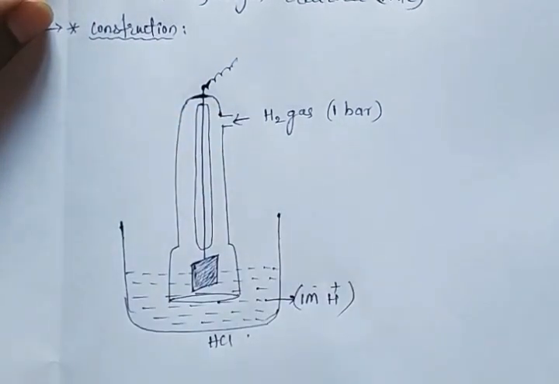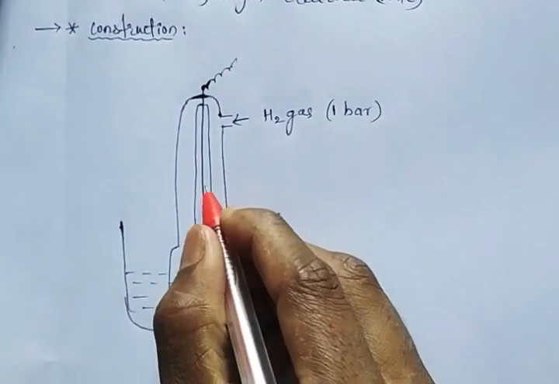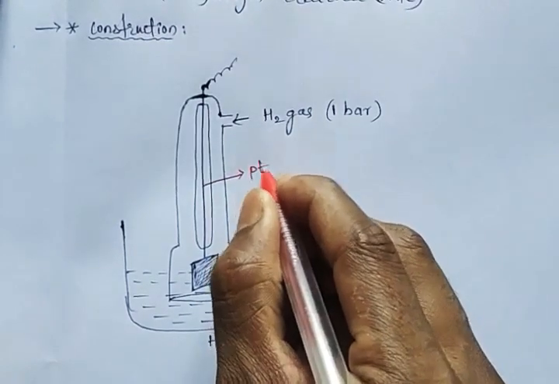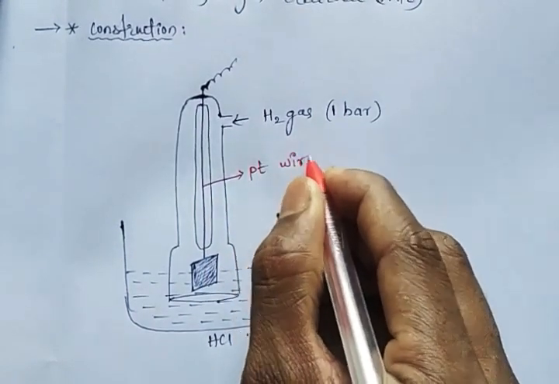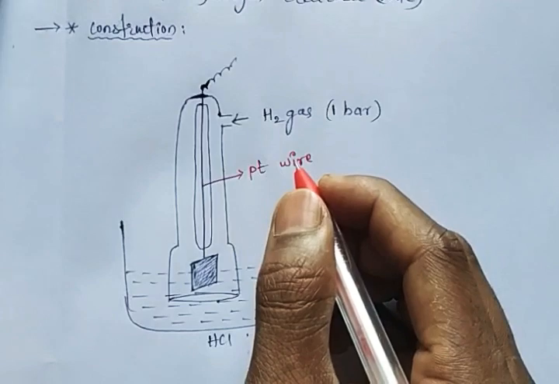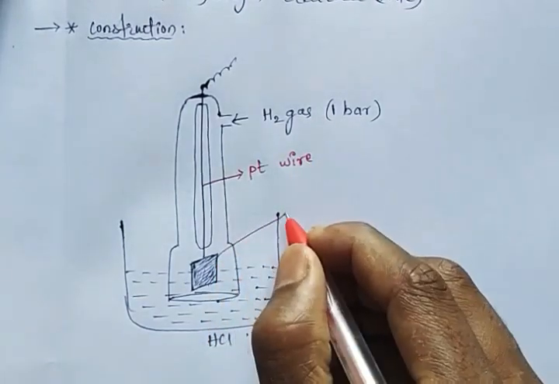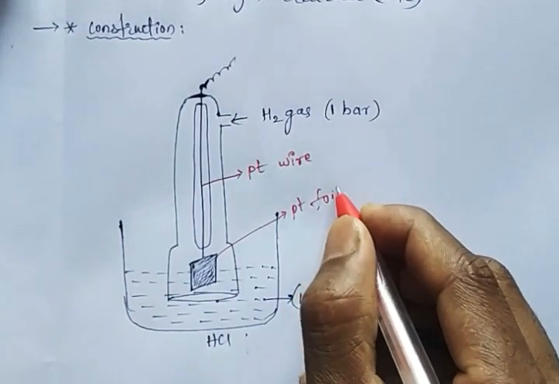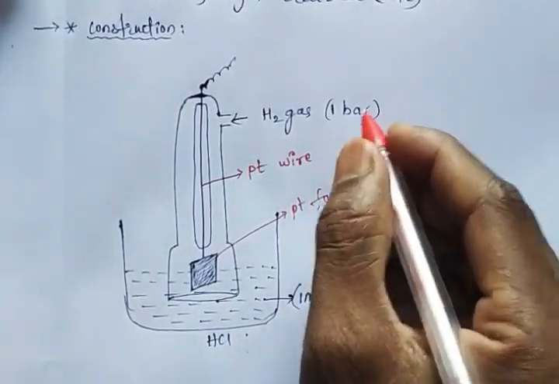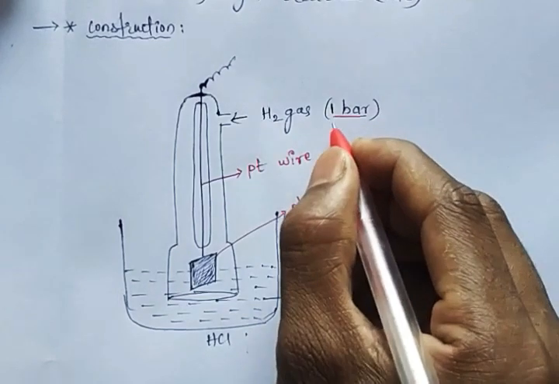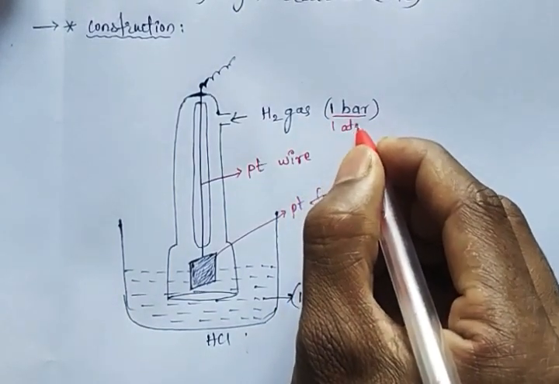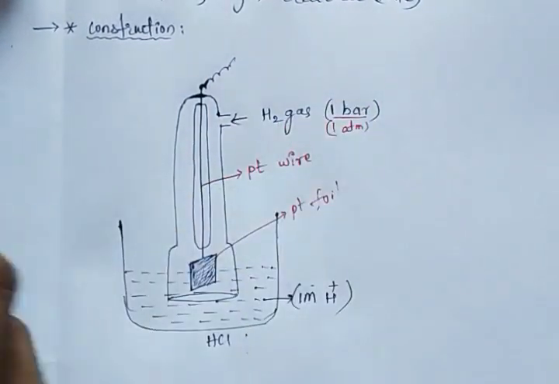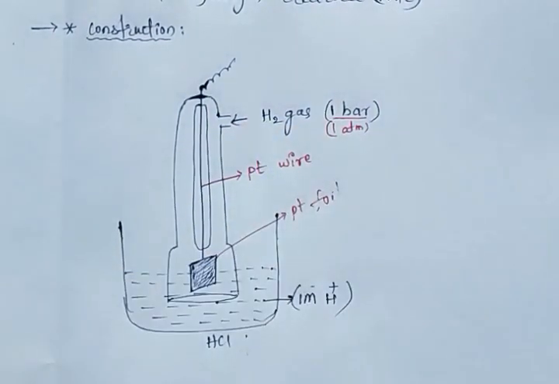This one is the platinum wire, and this is the platinum foil. Here we can represent the pressure as 1 bar or 1 atmospheric pressure. It should be constant, either 1 bar or 1 atmosphere, and this is dry hydrogen gas.